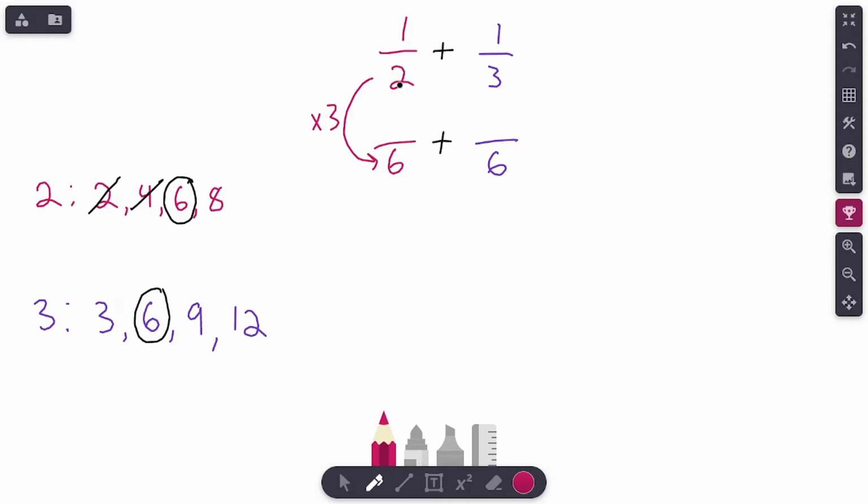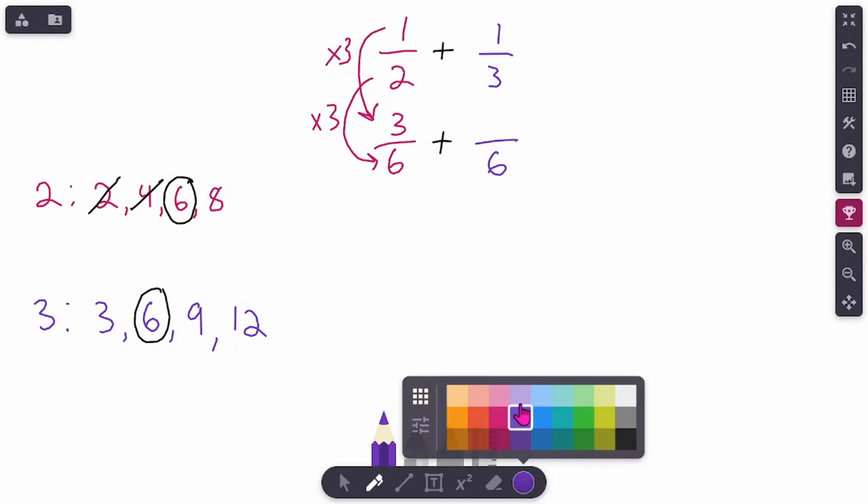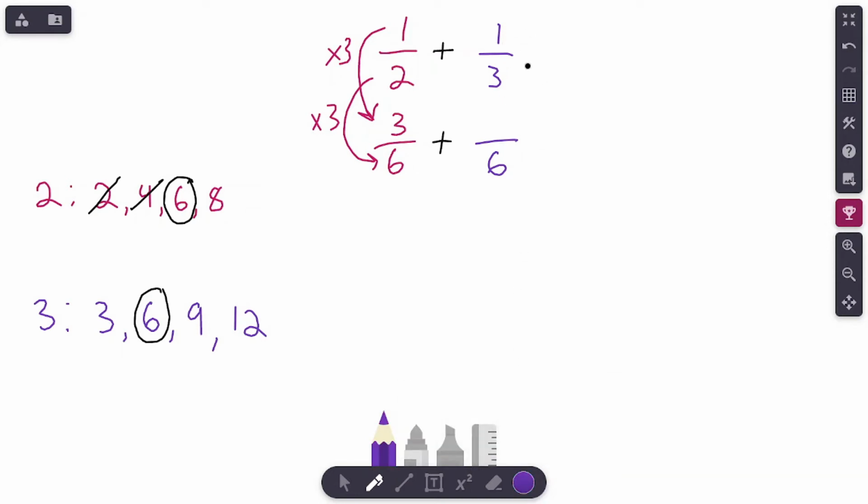If I multiply the denominator by 3, what do I have to do to the numerator? Whatever I do to the bottom, I have to do to the top, and vice versa. So if I multiply the denominator by 3, multiply the numerator by 3. 1 times 3 gives us 3. Now we need to do the same thing to 1/3. Let's create an equivalent fraction for 1/3.